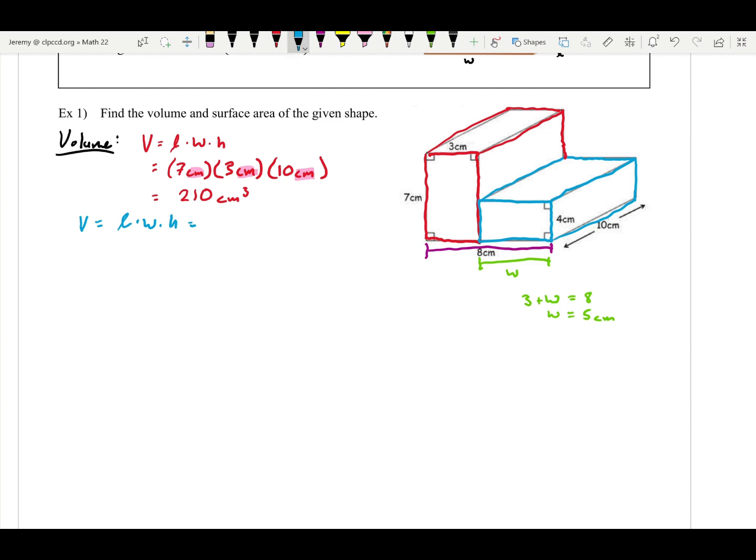Now that I have that, the height is 4 centimeters, the length is 10 centimeters. So I'll do 10 centimeters times 5 centimeters, that value we found, times 4 centimeters.